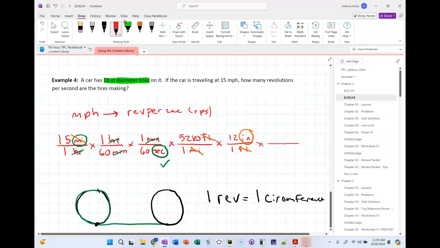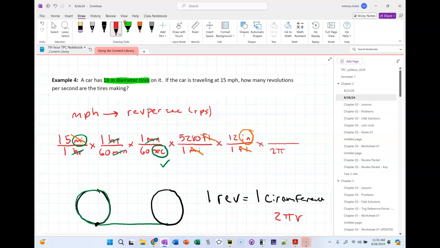So in our case, remember, circumference is 2 pi r. What is the r for our tire? Radius. So what number? 9, right? We remember radius is half of a diameter, or diameter is twice the radius. Either way is fine.